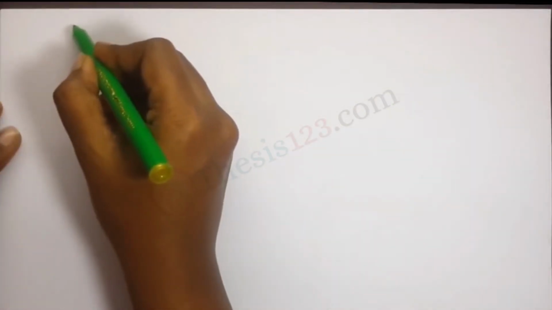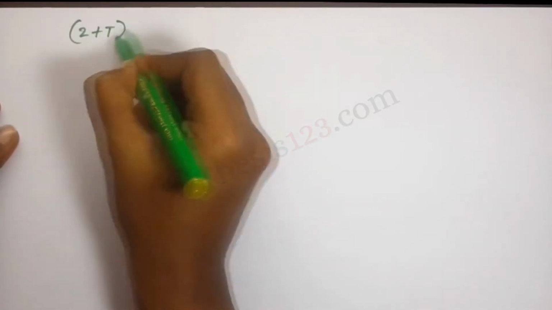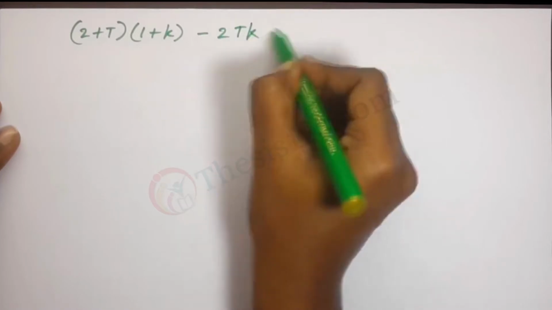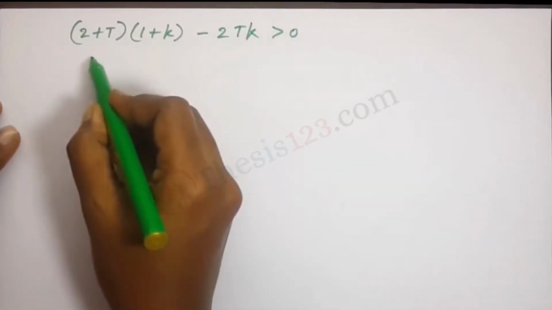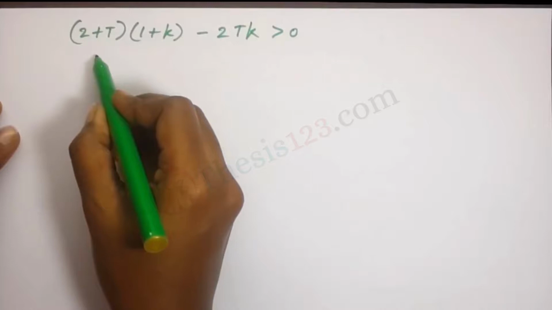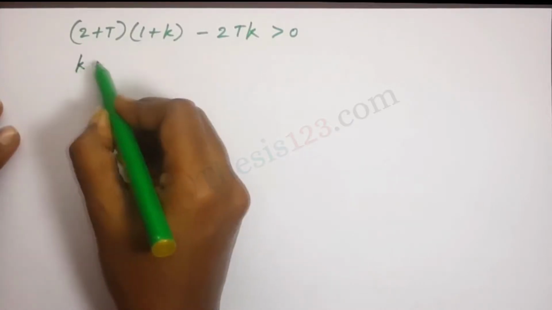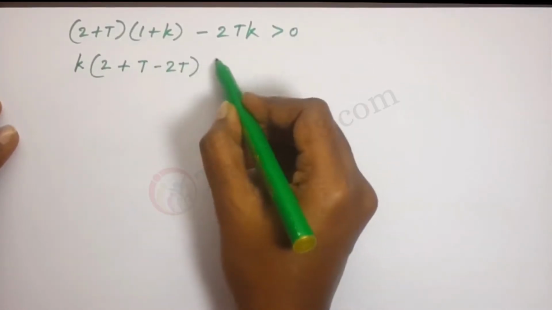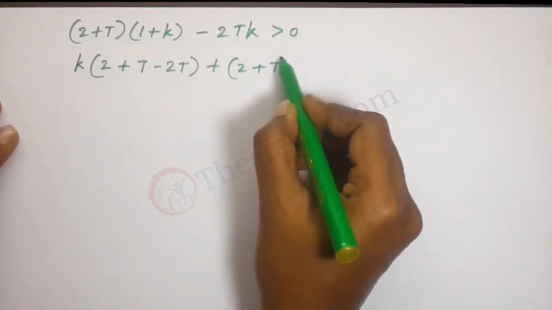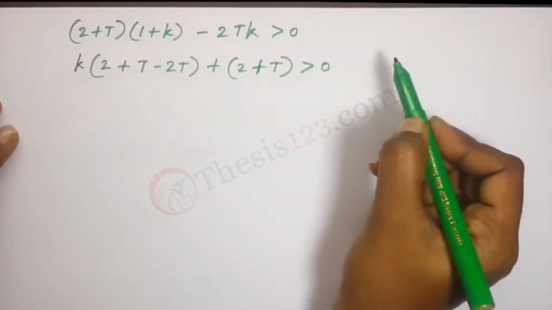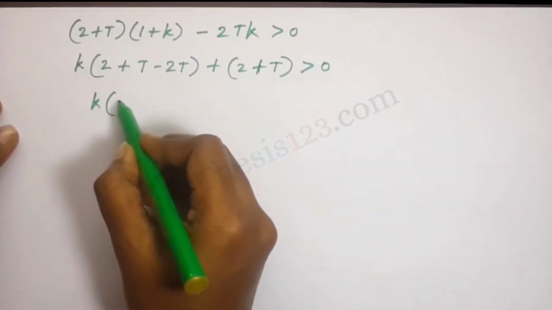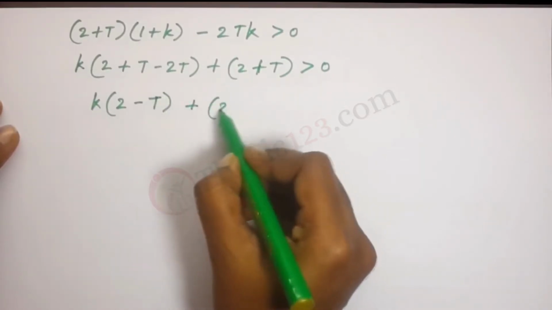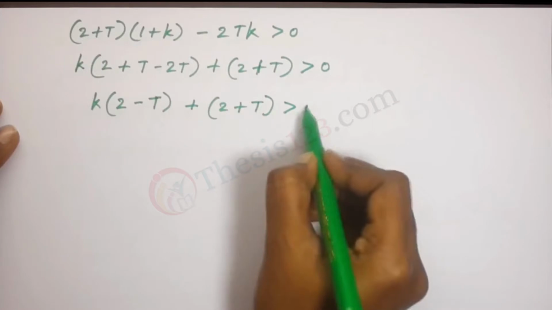Now, we have 2 plus t into 1 plus k minus 2tk greater than 0. Let's write it in terms of t, taking k common here. So that's k into 2 plus t minus 2t plus 2 plus t is greater than 0. K into 2 minus t, now I'm solving, plus 2 plus t is greater than 0.